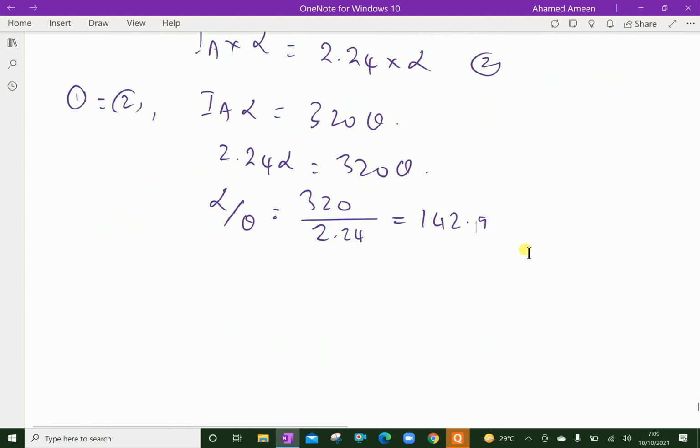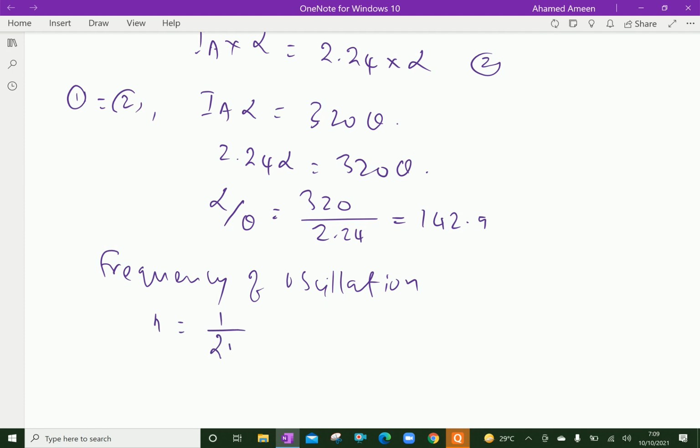Now the frequency of oscillation is given by n equal 1 over 2 pi root of alpha over theta, which is equal to 1 over 2 pi root of 142.9.